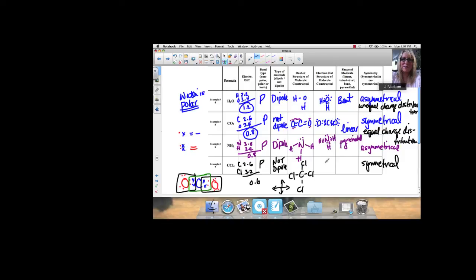If I were to draw the electron dot structure, here's my 4 valence electrons for my carbon, and then in comes my Cl with 7 on each side. And it is tetrahedral. Anytime carbon forms 4 bonds, it's going to be tetrahedral in shape.